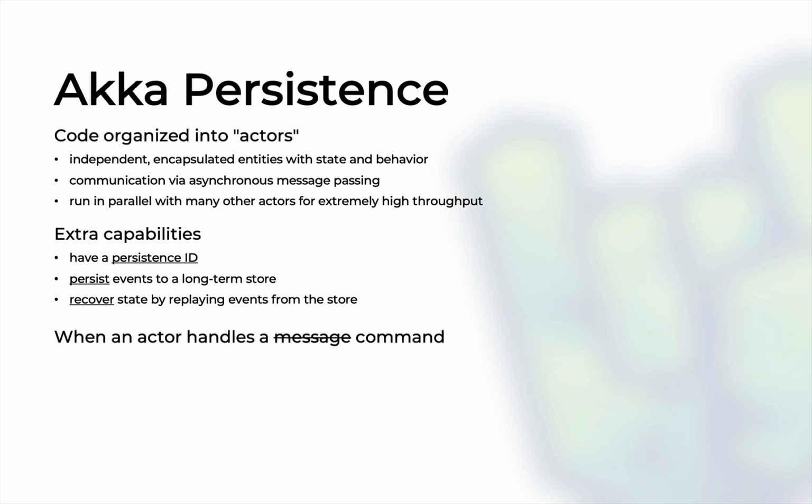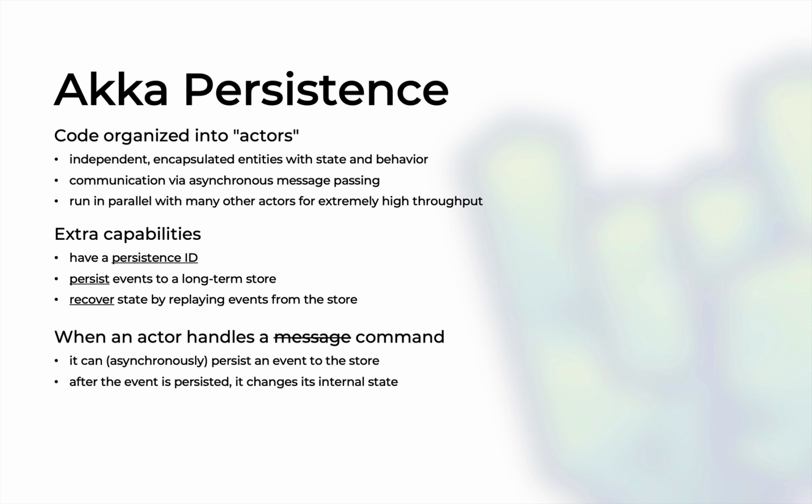So when an actor receives a message, which we will call a command from now on, it will asynchronously persist an event to the store, and after the event is persisted, it will be able to change its internal state. Now, when the actor is spun up or restarts because of an application crash or because of an application restart or upgrade, the actor will be able to replay all the events associated with its persistence ID and recover its state as if nothing had happened.